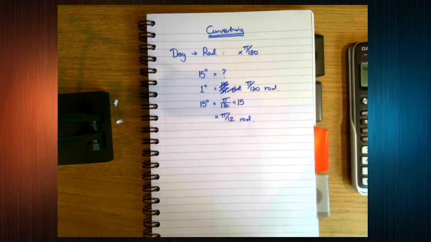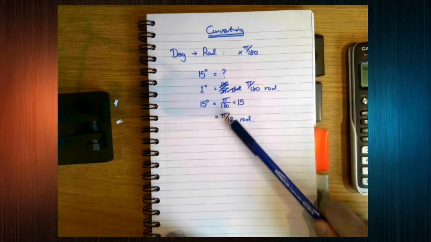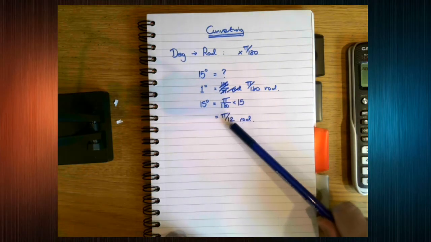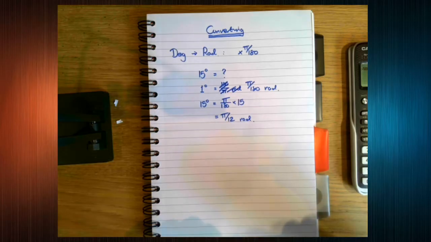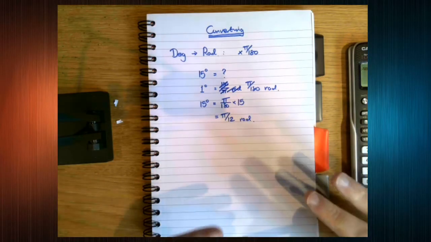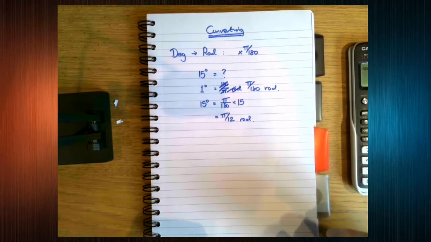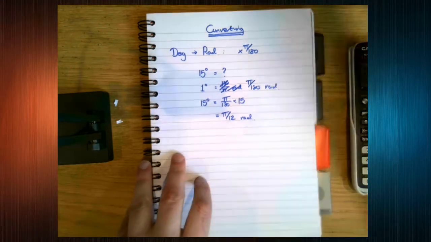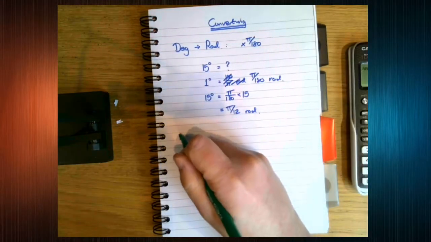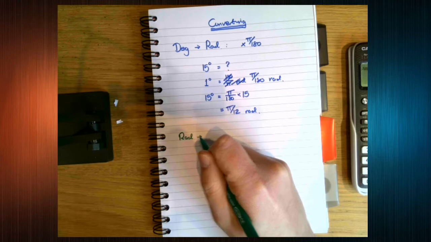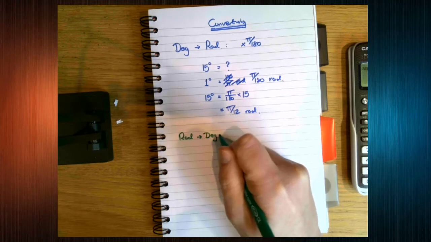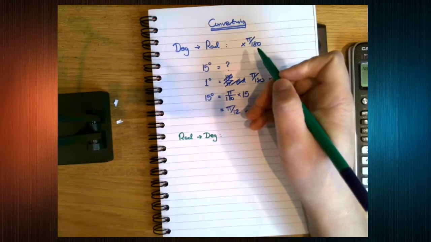Typically, unless you're told otherwise, you will always give your answer exact. Typically, it'll have pi in it, but not always. Pi is not the unit for radians. If we go the other way, it's very simple.